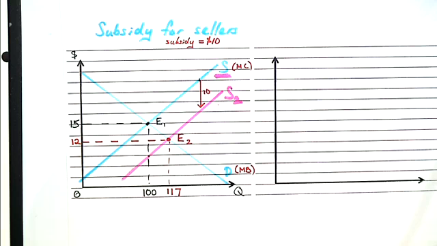Is that all the seller receives? Because the seller is also going to get $10 from the government. So they receive 12 from me, but they also get $10 from the government. So how much does the seller get all up? 22. How much did I pay as a consumer? 12.